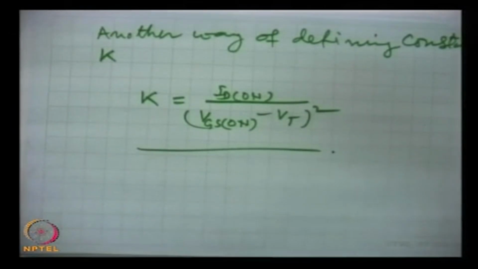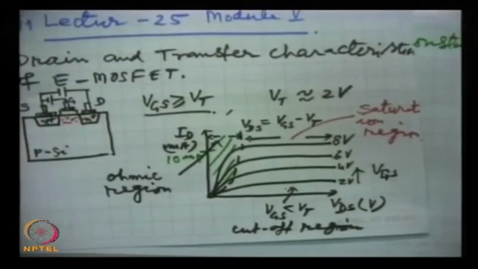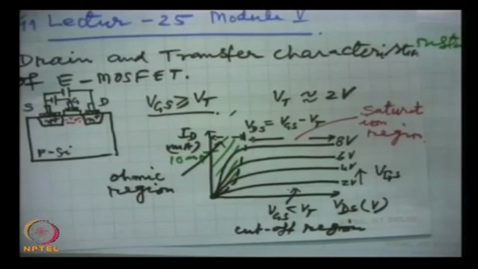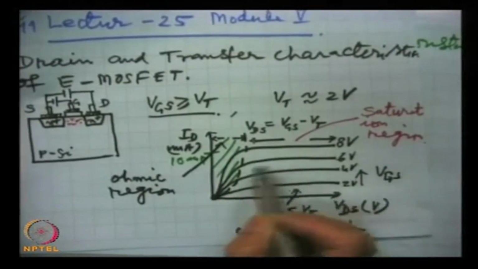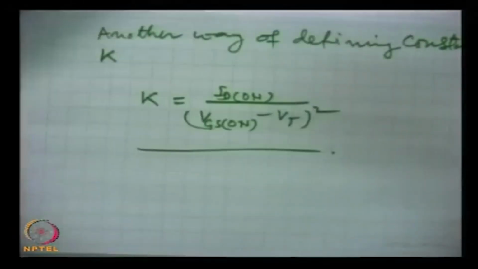Saturation region of these characteristics: whenever we want to use the device in amplifying mode as an amplifier, we have to operate it in this saturation region. We talked about this in the junction field effect transistor and in the depletion mode MOSFET, and now in this E MOSFET also the same thing.